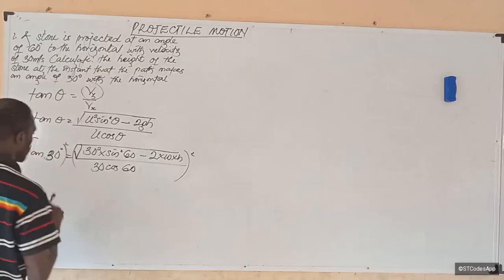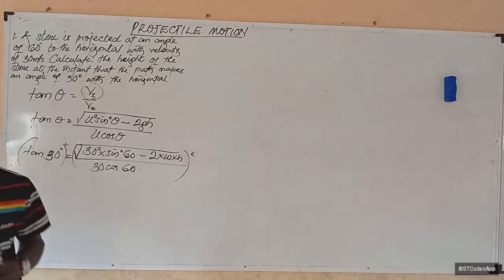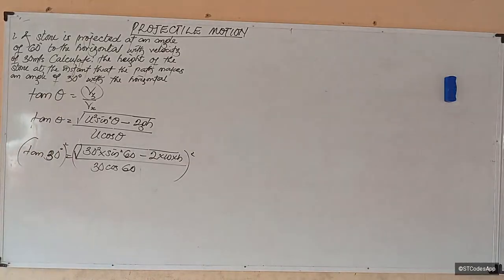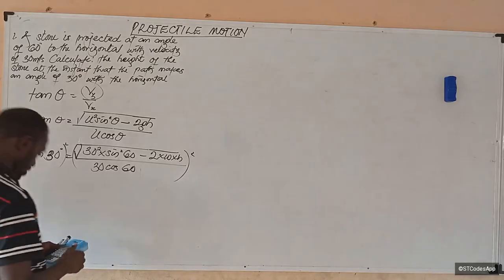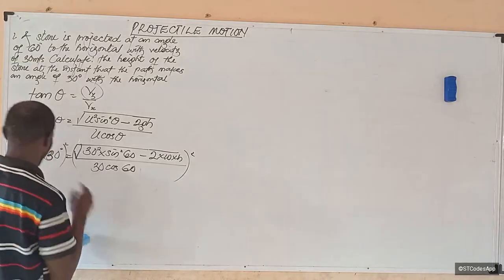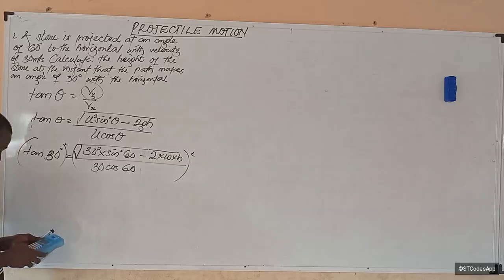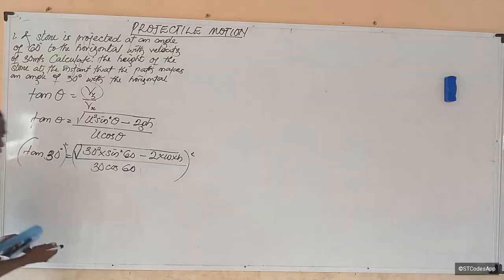So I don't think we should make any mistake now. Square both sides. Let me quickly solve this first. Let me take the calculator. The tan of 30, that's root 3 over 3, squared is 0.33.